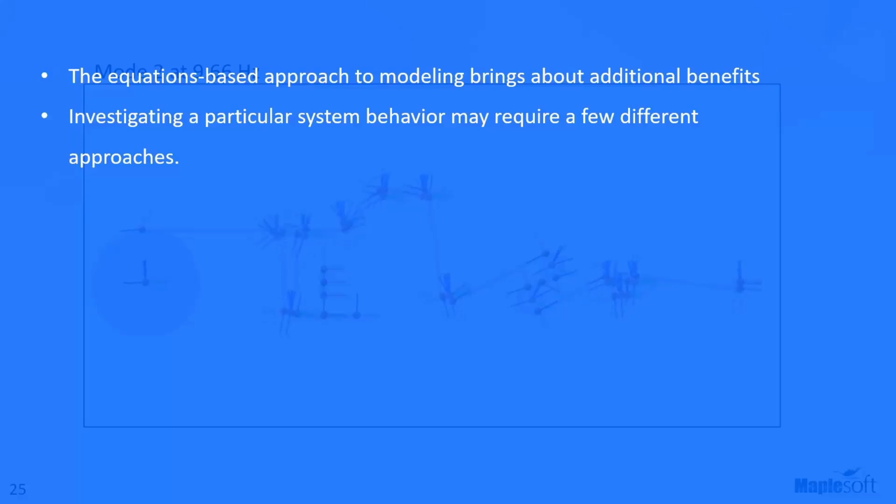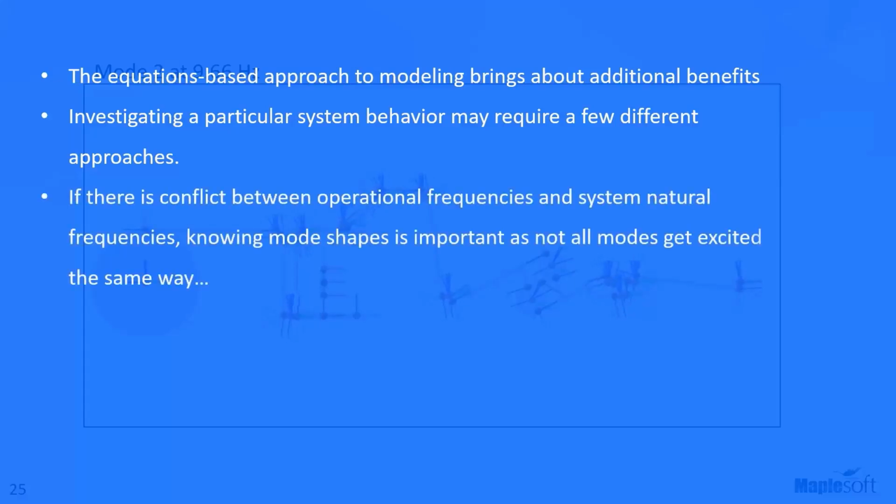And we do that in the same environment that you saw me just solve the differential equation, and that is Maple. This is some of the consequences, as we can check to see if there is conflict. And having this knowledge of the mode shape for any natural frequency is also important to know whether there is a possibility of that mode getting excited or not.